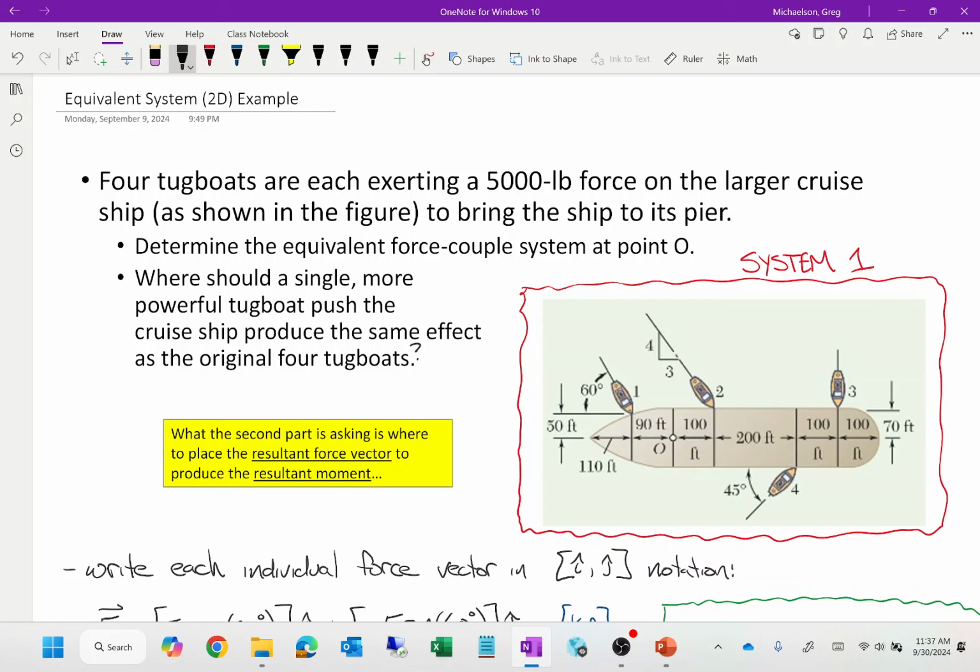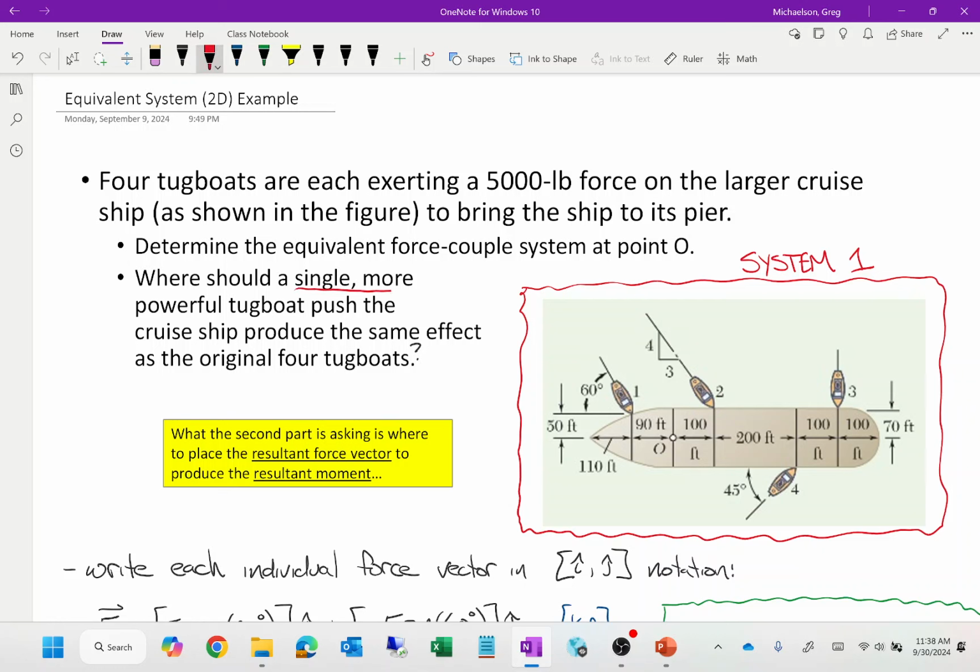So I forgot a question mark at the end of that. Whoopsie. Okay, now, where should a single, more powerful tugboat push the ship to produce the same effect as the original 4 tugboats? Okay, let's digest that a little bit.